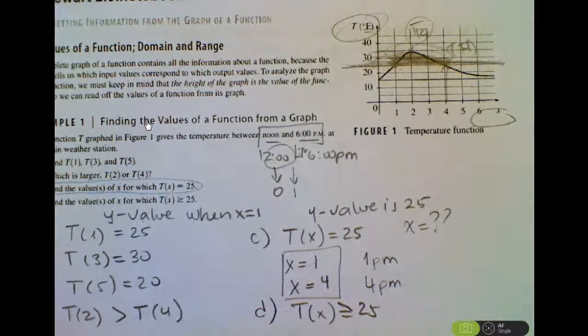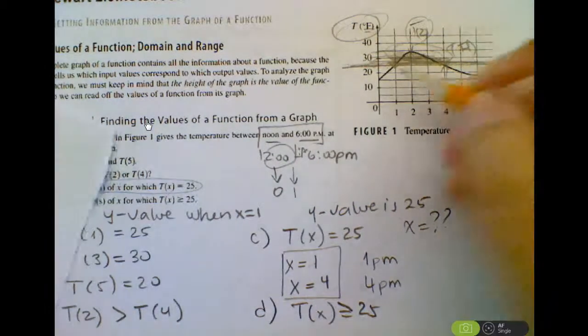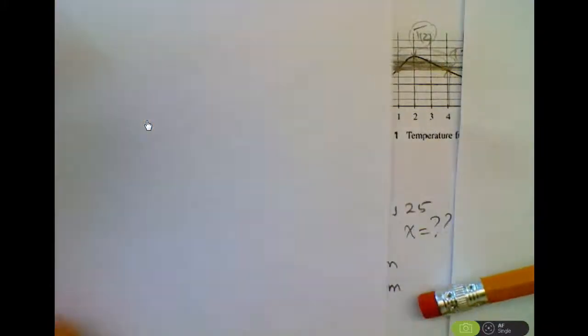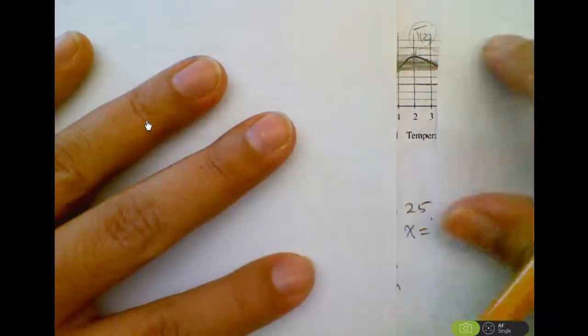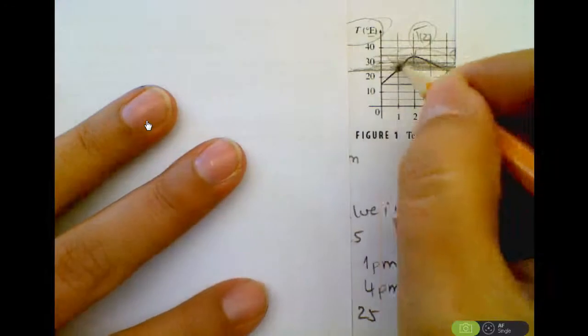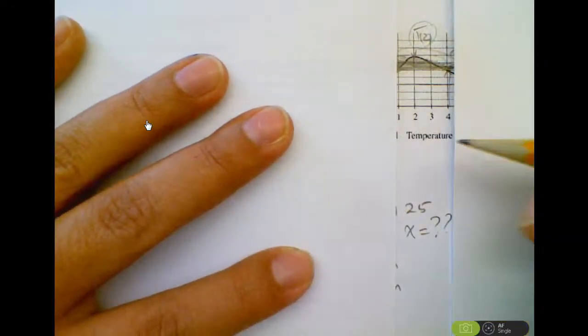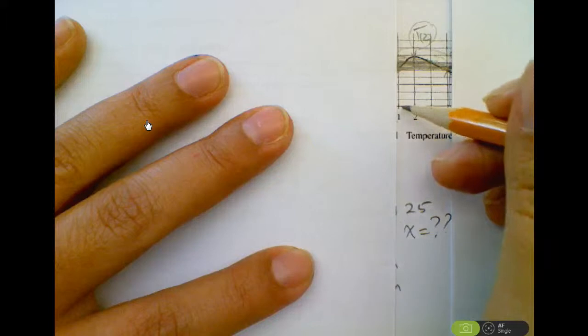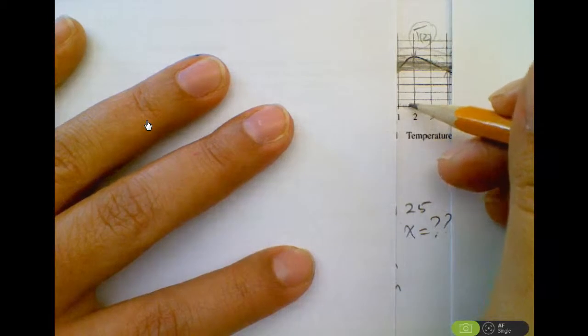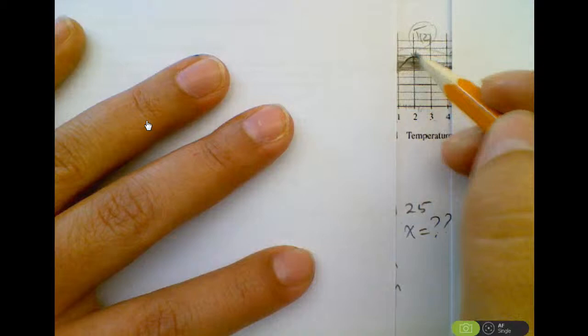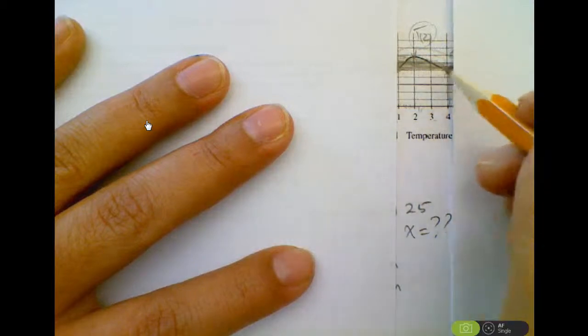If you can see that I can limit my window here manually, you can see that the temperature is above 25 for x's that are between 1 and 4. For x equals 1.5, 1.6, 1.7, 2, 2.5, 3, and so on, the temperatures are much higher than 25.